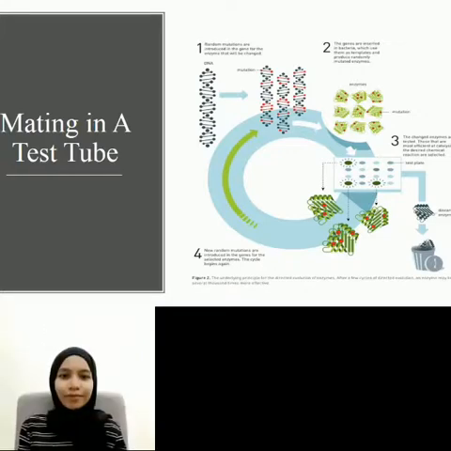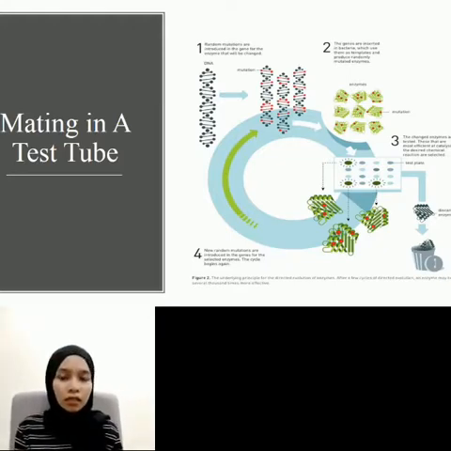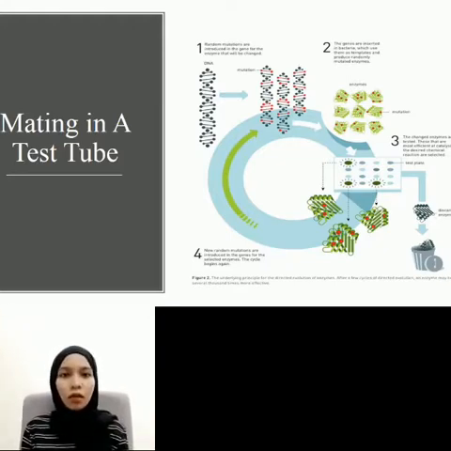Thank you to Atikah. And now, is it possible for us to create a desirable enzyme? Yes, it is. How? By mating the gene in a test. First, we introduce random mutation to the gene of the enzyme that we want to change. Then, the mutated gene of the enzyme will be inserted into the bacterial cell to let the bacteria replicate the gene.